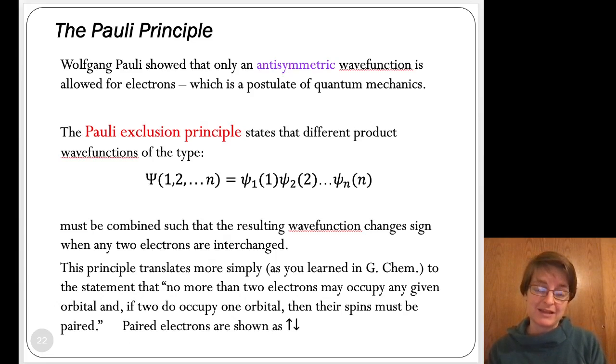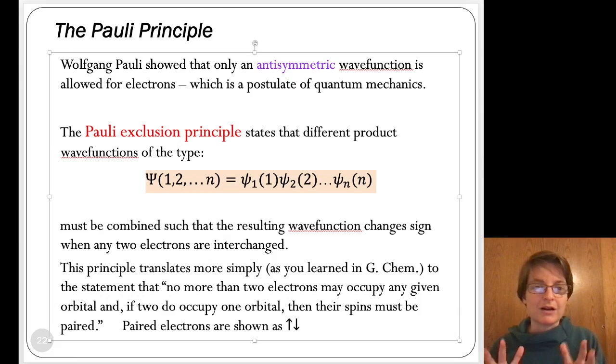Electrons must be placed in an antisymmetric wave function, and that means that our different product wave functions, the overall wave function being a product of many 1 electron wave functions, have to be combined in such a way that the resulting wave function changes sign when any two electrons are interchanged. As you learned in GChem, this principle translates more simply to the statement that no two electrons can occupy any given orbital unless their spins are paired.